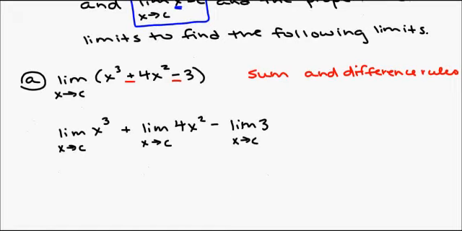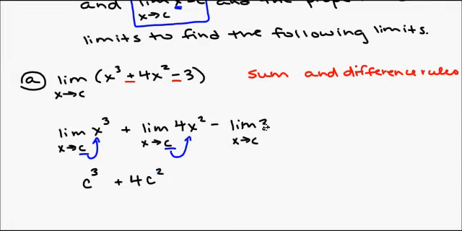So we're going to do the same thing down here. We're going to take this c and put it in x's place. So this is just c cubed plus, same thing here, we have another x. So put the c here. And we have 4 times c squared.